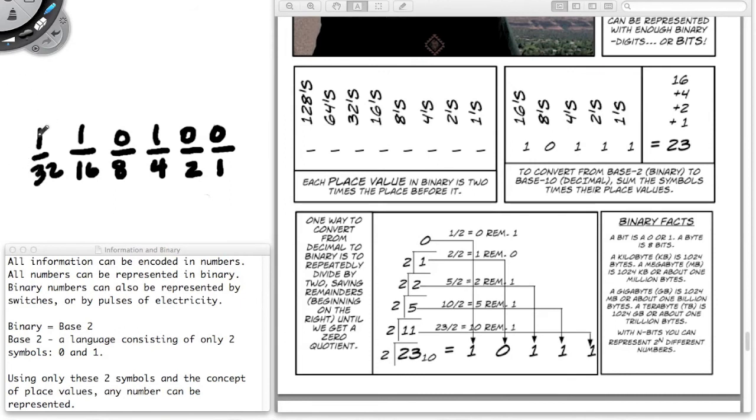Because binary can be represented on switches, as we talked about in a previous podcast, we could represent this number as a series of switches, with the 1s being closed switches, where the switch is down, and 0s being open switches, where the switch is up. So closed here, closed, open, closed, open, open. Open switches represent 0s and closed represent 1s.